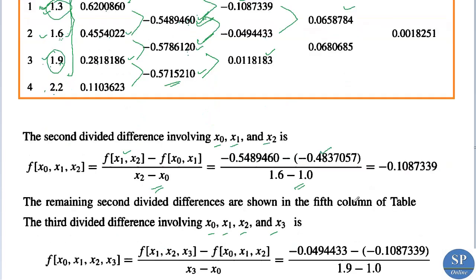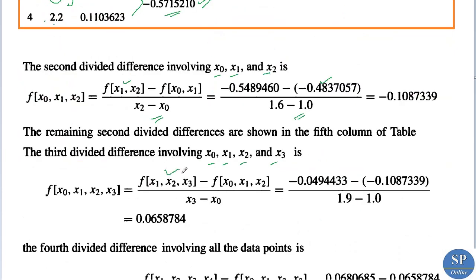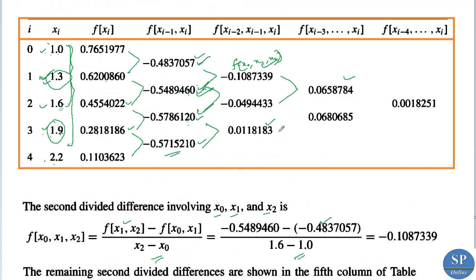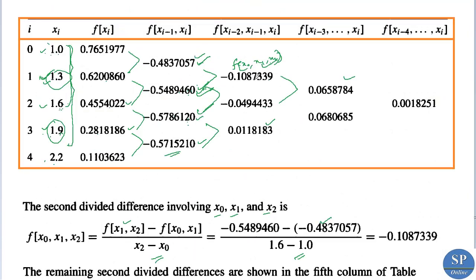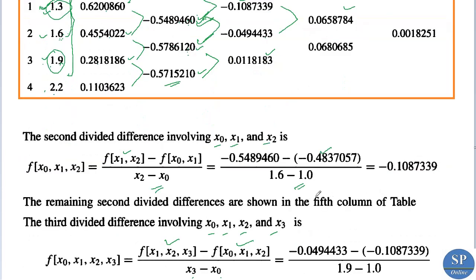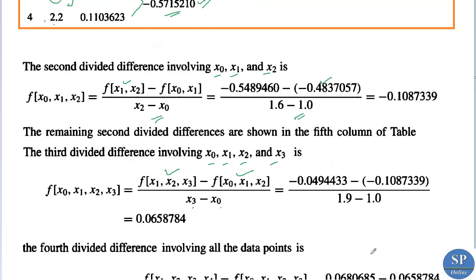It's actually f of x1, x2, x3 minus f of x0, x1, x2 divided by x3 minus x0. That is f of x1, x2, x3 is this, minus 0.049443, minus f of x0, x1, x2, which is this. So using those values you will get this.